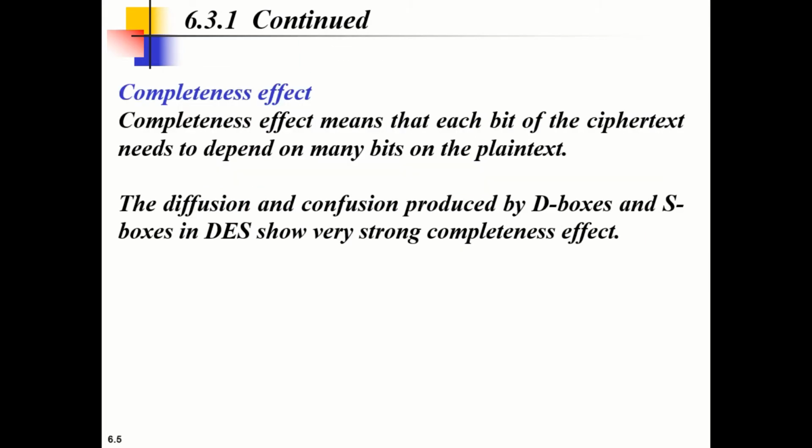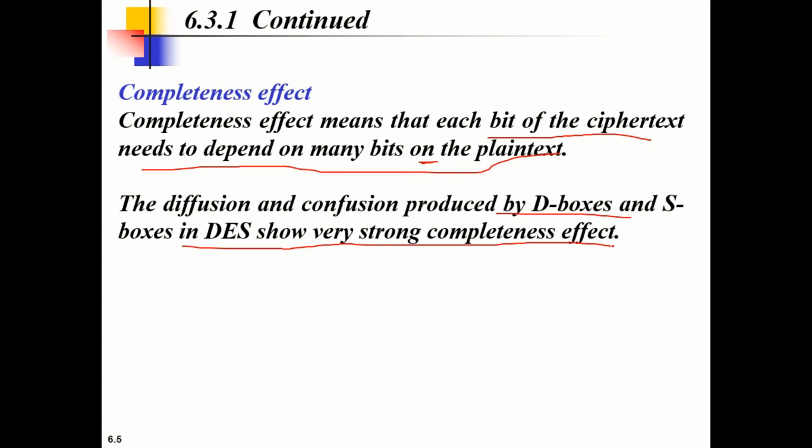Then comes the completeness effect, which means that each bit of the ciphertext needs to depend on many bits of the plain text. The diffusion and confusion produced by P boxes and S boxes in DES show a very strong completeness effect. The idea of confusion and diffusion is, again, hiding the relationship between the plain text, key and the ciphertext.